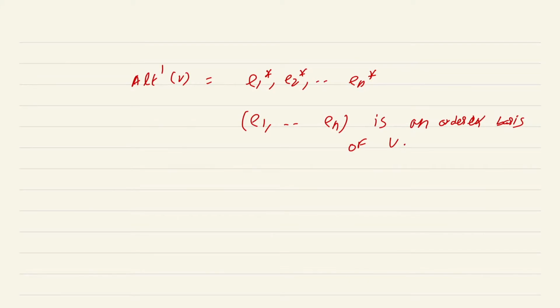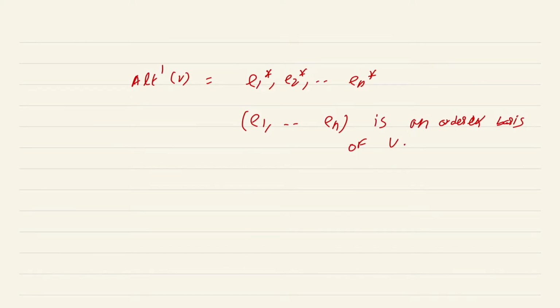You start with any basis for the vector space V, you automatically get a dual basis consisting of dual basis vectors. Now the idea is to somehow construct a basis for Alt^k(V) using these dual basis vectors e1 star to en star. Let's see how that goes.